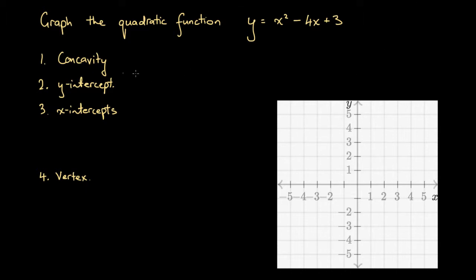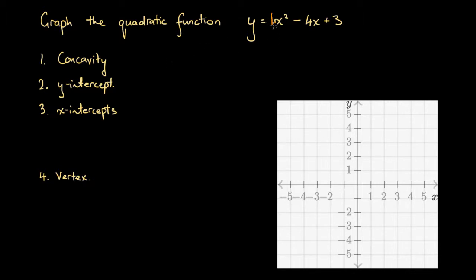Okay, let's start. Let's have a look at the concavity. Well, you might recall that to determine the concavity of this function, what we have to do is have a look at the coefficient on the x squared term. If this coefficient is greater than 0, then the function is concave up. If it's less than 0, it's concave down. So here we could easily write this as 1 times x squared.